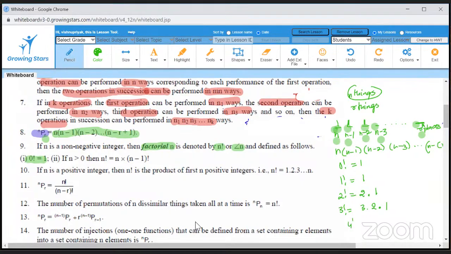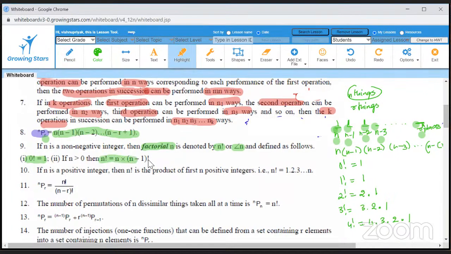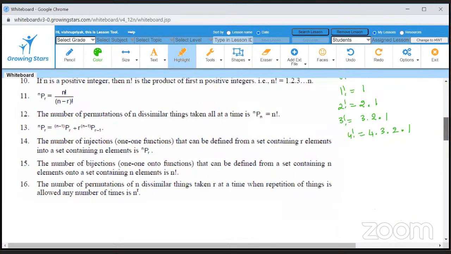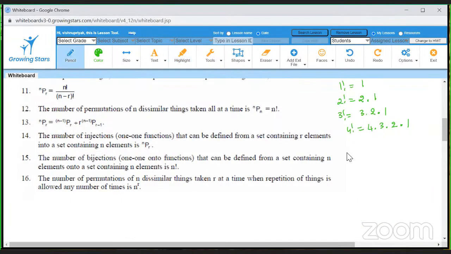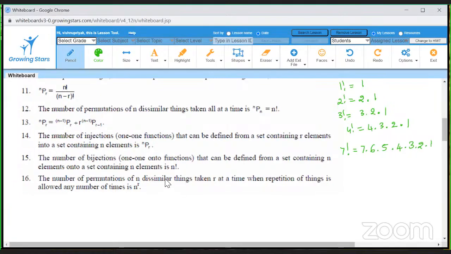4 factorial. Start with 4, 4 minus 1 is 3, 3 minus 1 is 2, 2 minus 1 is 1. You can stop here. Like that, any factorial you can write. Now, n factorial, you can write as n into n minus 1 factorial. Suppose I have 7 factorial, I can write 7, 6, 5, 4, 3, 2, 1.